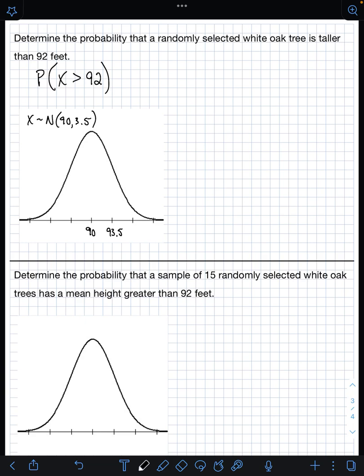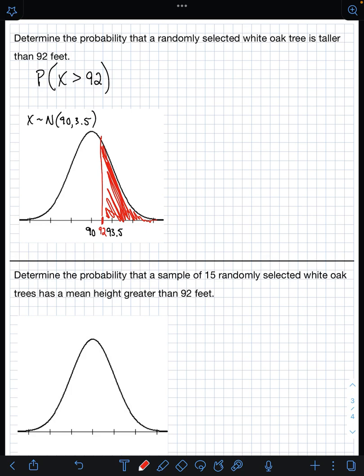Now, I could label all of it, but what I would like to do is focus on where the 92 is. If 90 is in the center and 93.5 is the one standard deviation to the right, then 92 is going to be approximately here. And that means that we're looking at an area of this region.